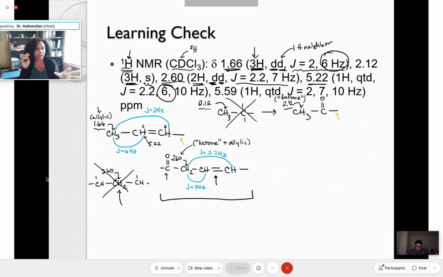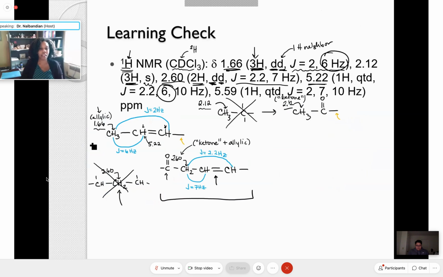It's going to be way too complicated to try to throw everything in, but you need to show me the stereochemistry for the J values. You need to show me that this is 1.66, this is 5.22. Within that J value, I need to see it from both directions so that I know you understand it from both directions.